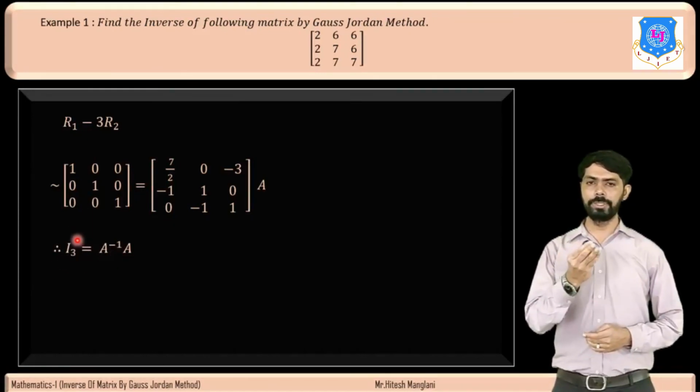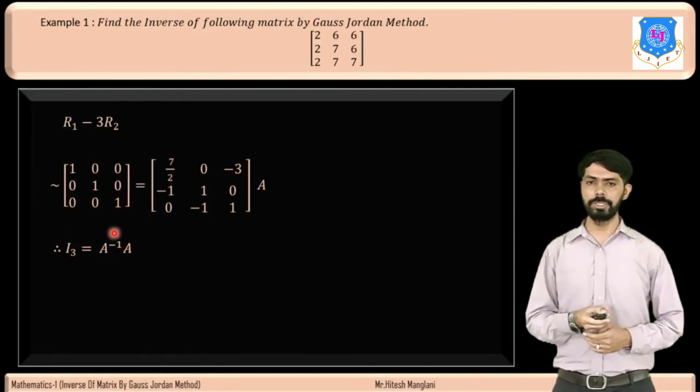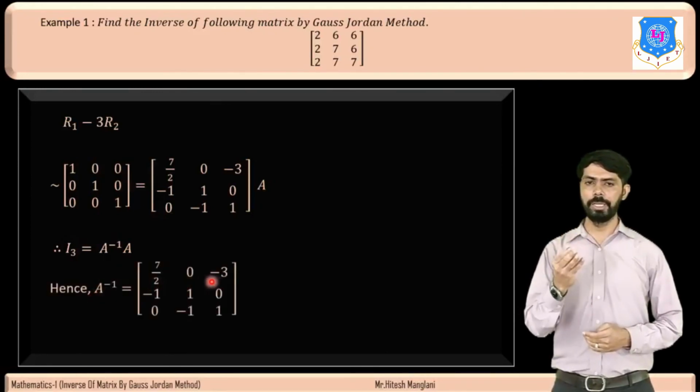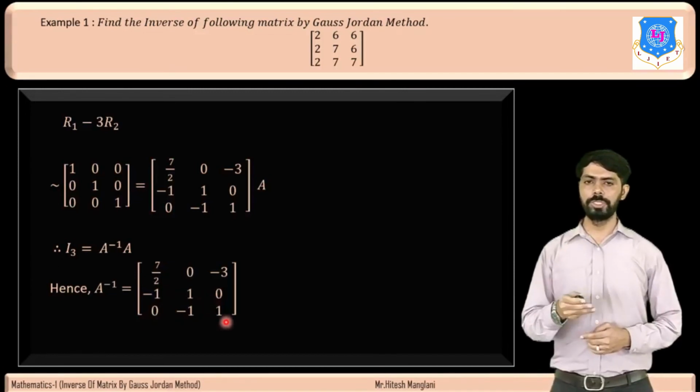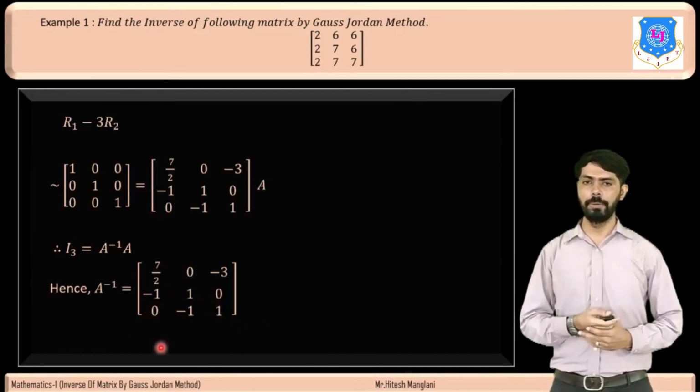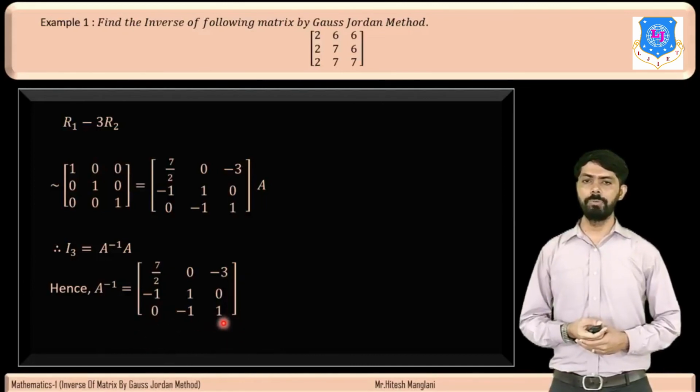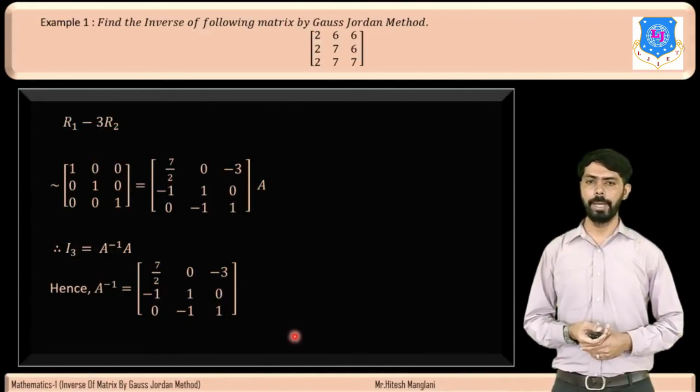So if we compare this result with I3 is equal to A inverse into A, then A inverse is [7/2, 0, minus 3; minus 1, 1, 0; 0, minus 1, 1]. So this is the inverse of the given matrix. So this is how we can find the inverse of a matrix using the Gauss Jordan method.